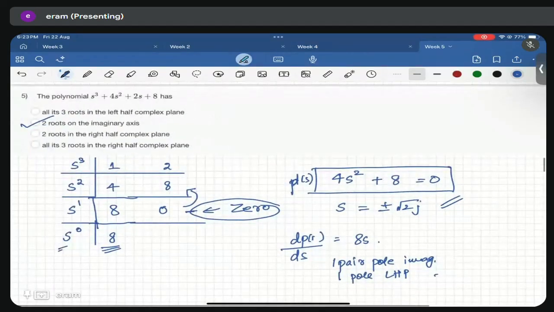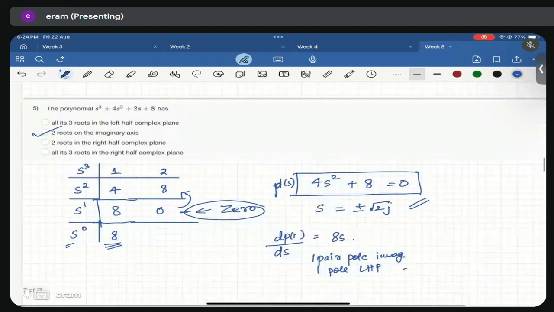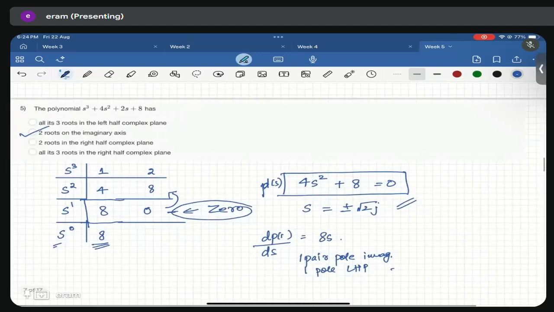So any doubt, anyone? Ma'am, how could we calculate the roots here? There are 3 roots, ma'am. Yes, there are 3 roots. We have now found 2 roots, and actually we have found out all the 3 roots.